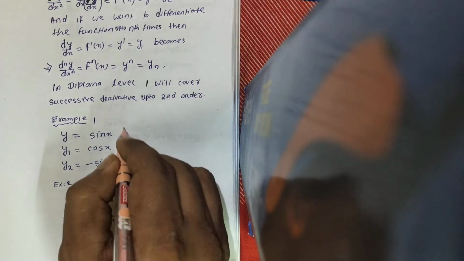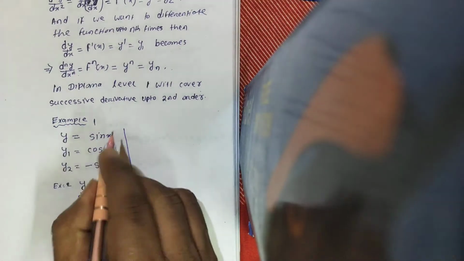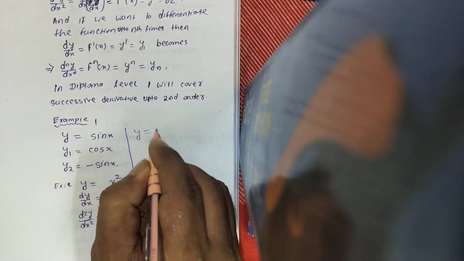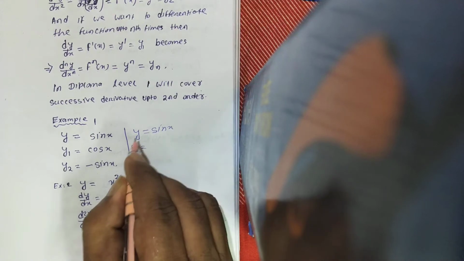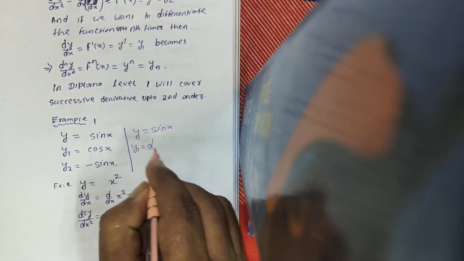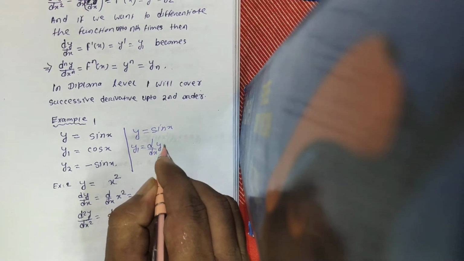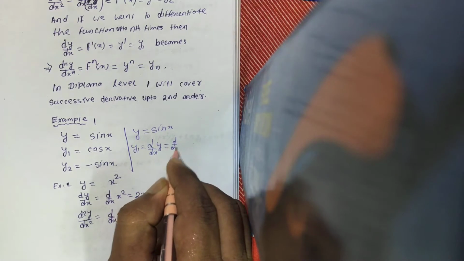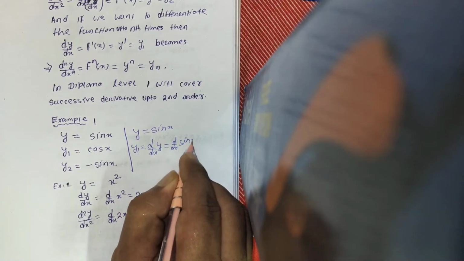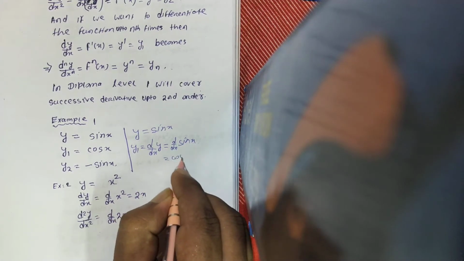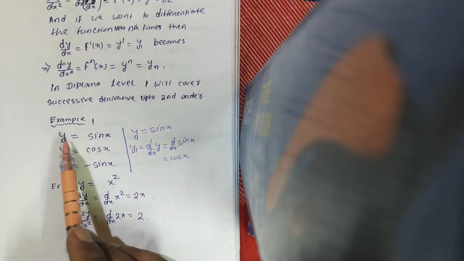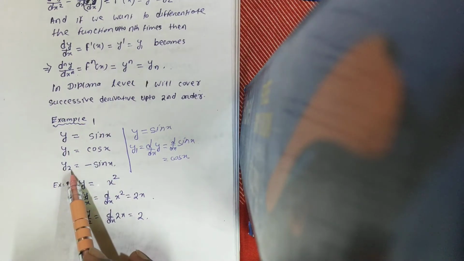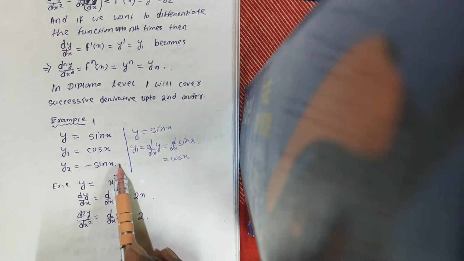That means I can write like this: if y is equal to sin x, y1 means the derivative of y, that can be written as d by dx of y, that is d by dx of sin x, that is equal to what? Cos x. Similarly, if you want to find the derivative of y up to 2 times, then that will be y2, that will be minus sin x.